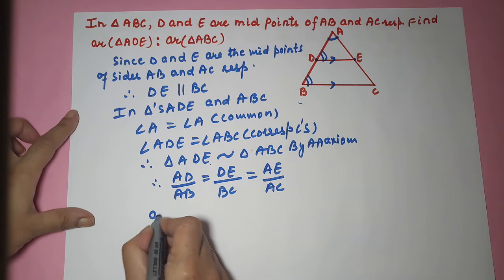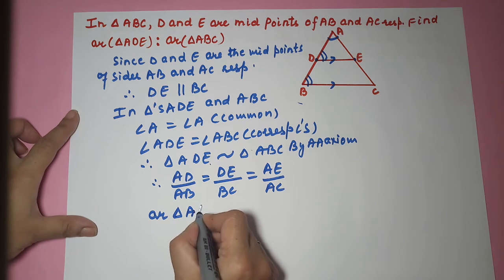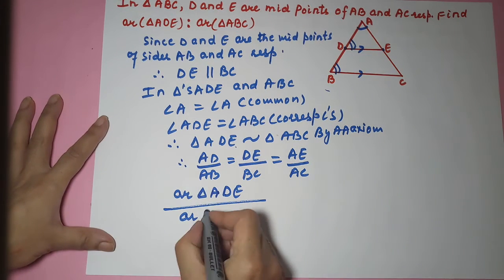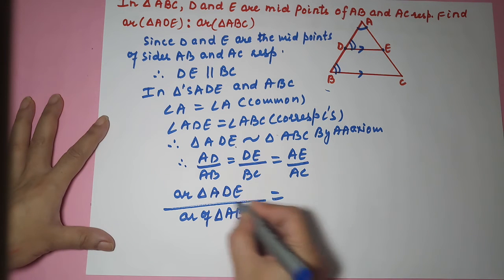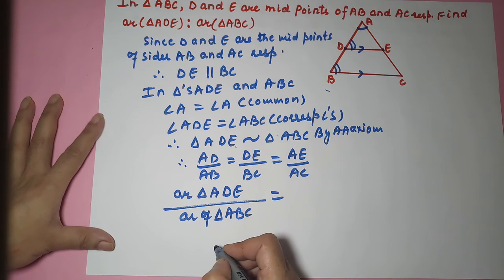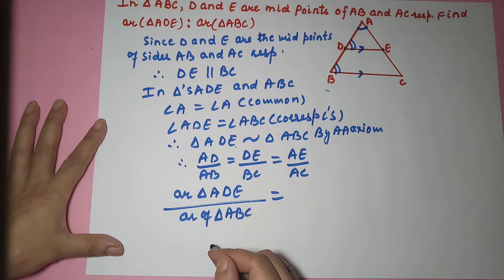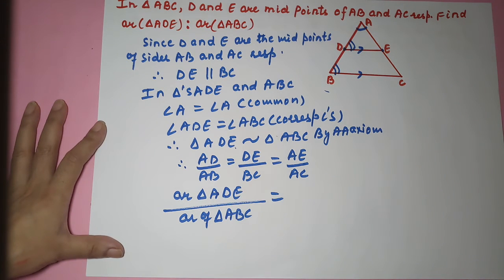So, we can apply the theorem: area of triangle ADE upon area of triangle ABC. Ratios of the areas of the two similar triangles is equal to the ratios of the squares of their corresponding sides, right? Is equal to, which one will we take? AD and AB. Why?